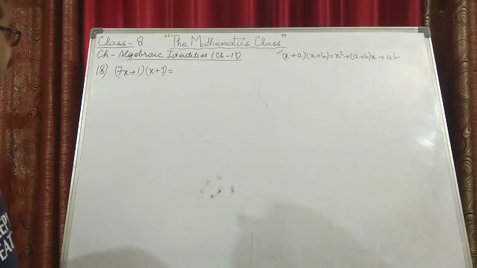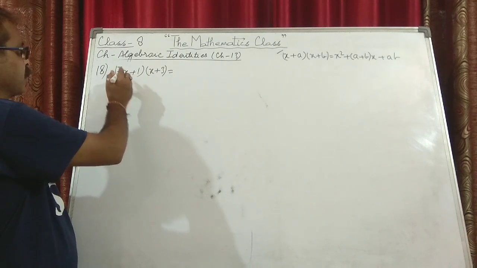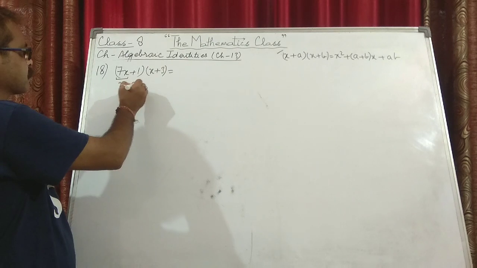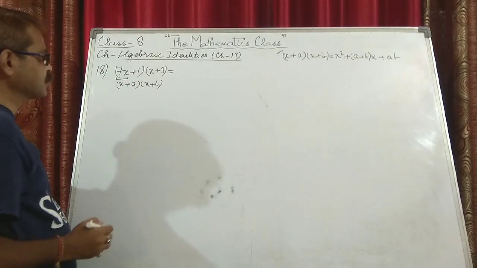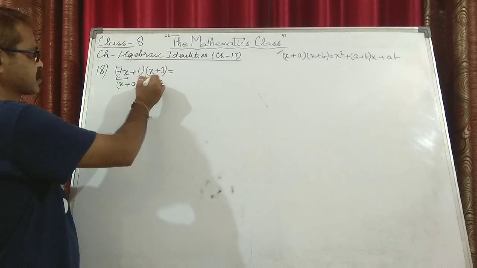Now we move on. Question number 18 is (7x + 1)(x + 3). This is not in the format of (x + a)(x + b), because the first term here is 7x, and in the second bracket the first term is x.